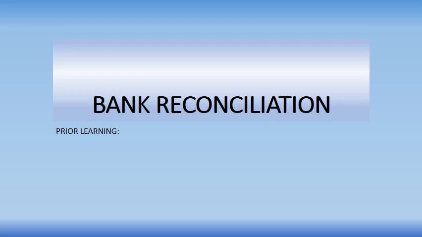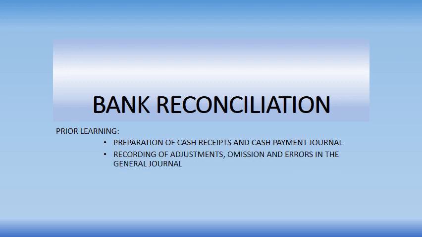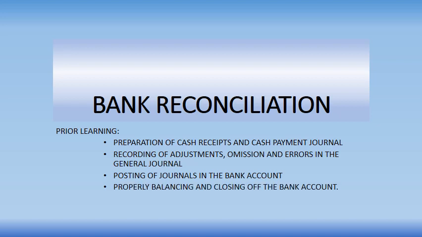This topic requires mastery in the preparation of the cash receipt and cash payment journals, the recording of adjustments, omissions, and errors in the general journal, the posting of these journals into the bank account, and properly balancing and closing off the bank account.